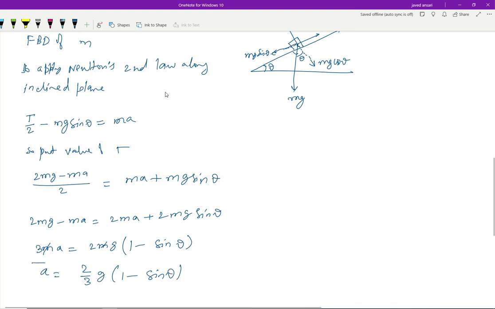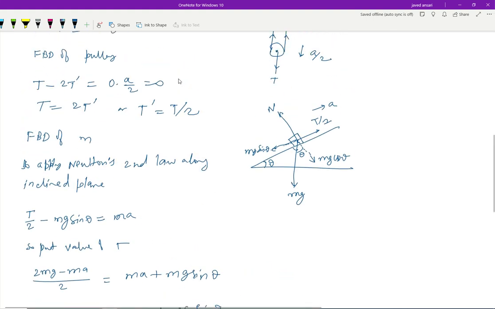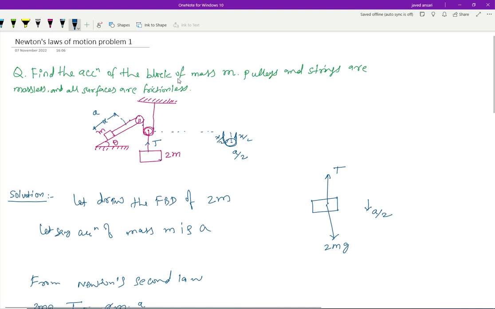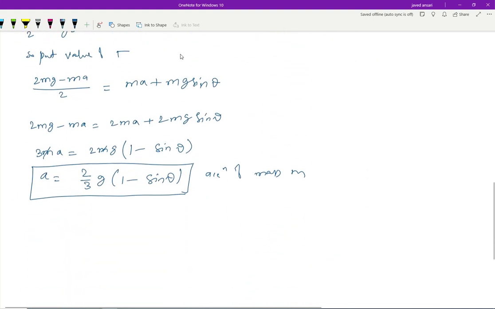So this is the acceleration of smaller mass m. What will be the acceleration of this bigger mass 2m? This is just a by 2, right? Acceleration of 2m is a by 2. So that will become 1 by 3 g (1 minus sin theta).